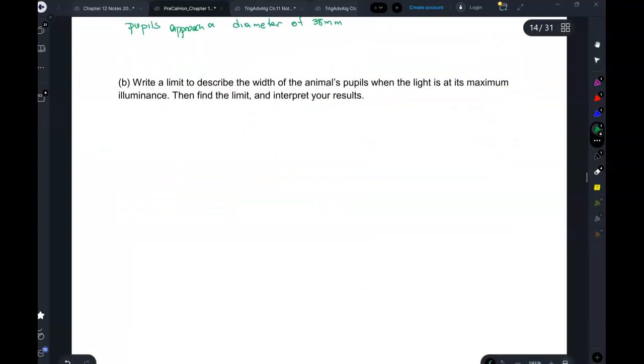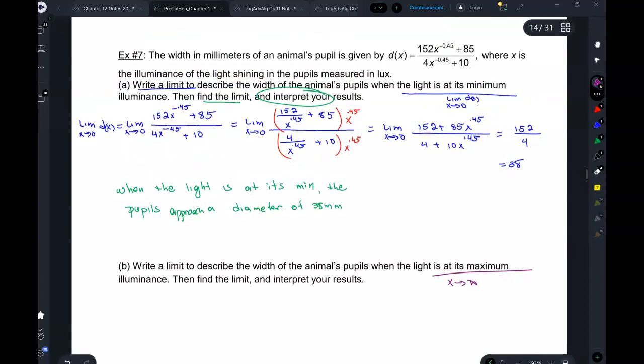Okay. Next, write a limit to describe the width of the animal's pupil as the light is at its maximum. Now, x is going to approach infinity. So look up here before you write anything. We're going to start with this function, right? This and this are identical, the first two steps are identical. So now this bottom number is going to be infinitely large.